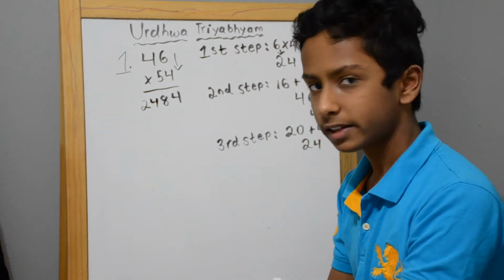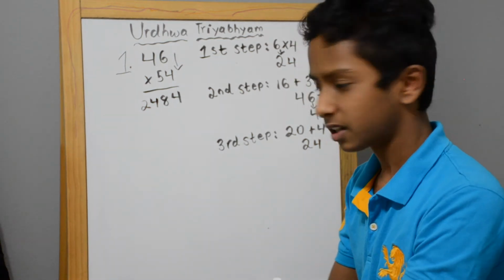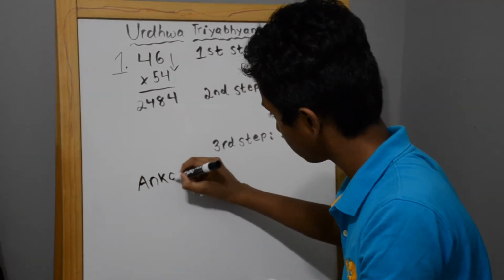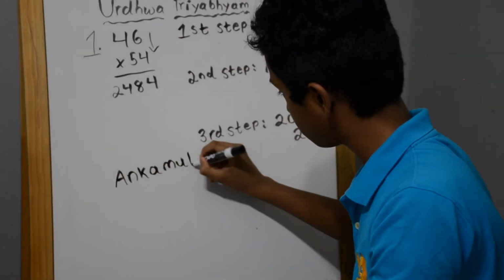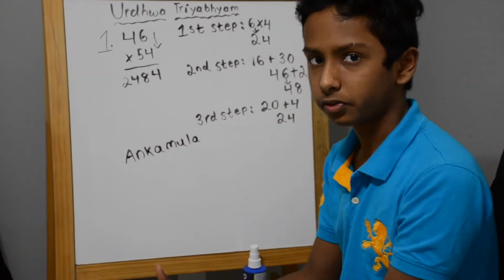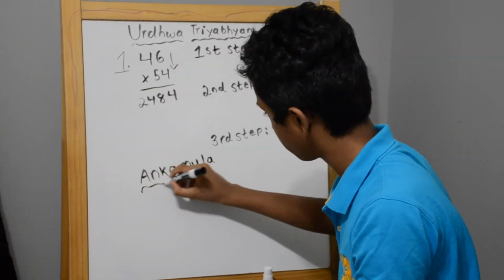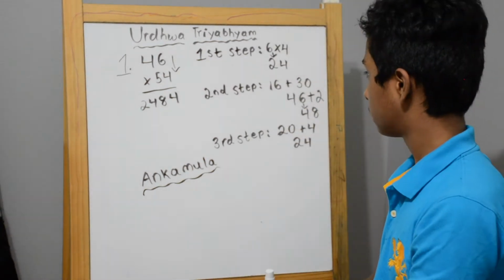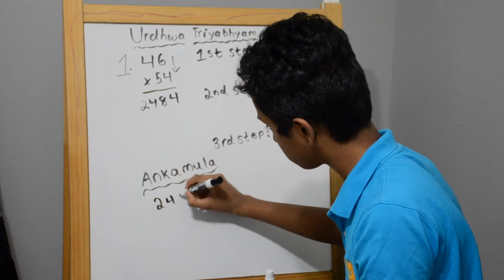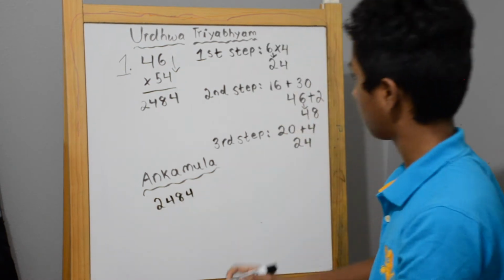To verify my answer, I'm going to be using a technique called Ankamula. And Ankamula is basically a Vedic maths technique used for verifying answers. So, the answer that I just got was 2484.